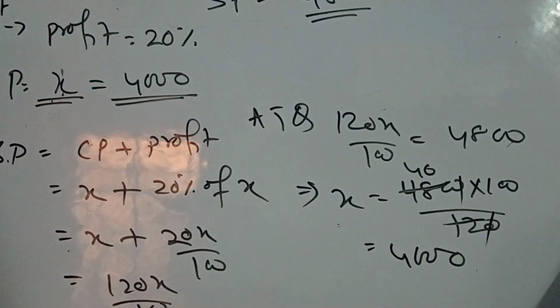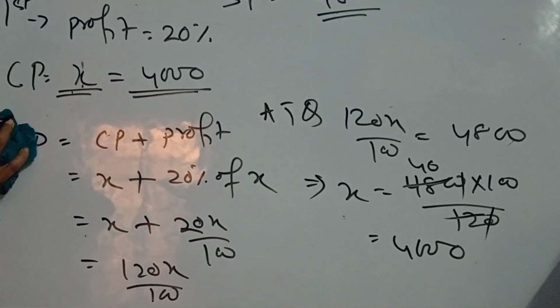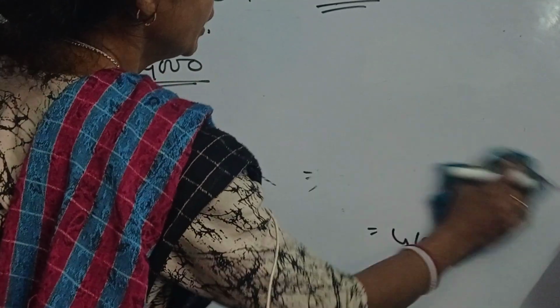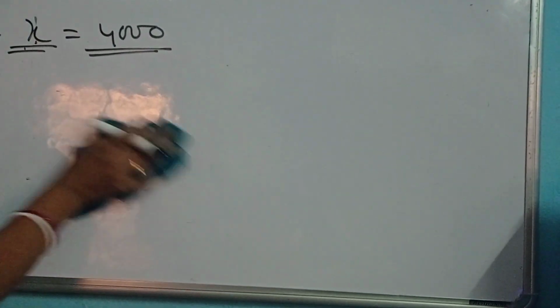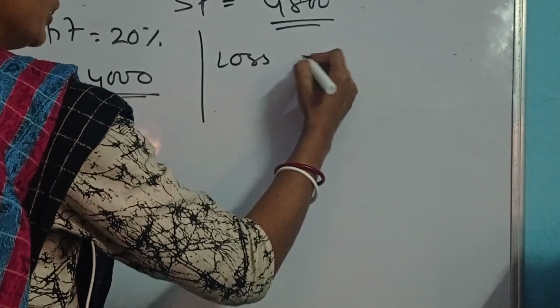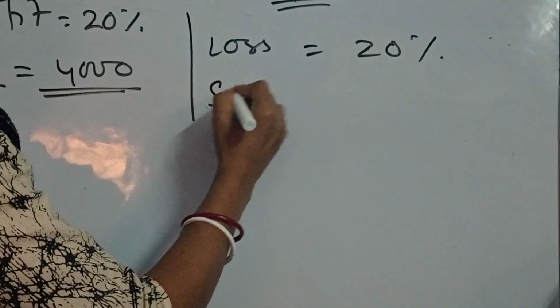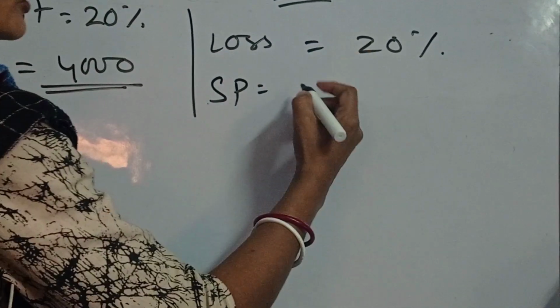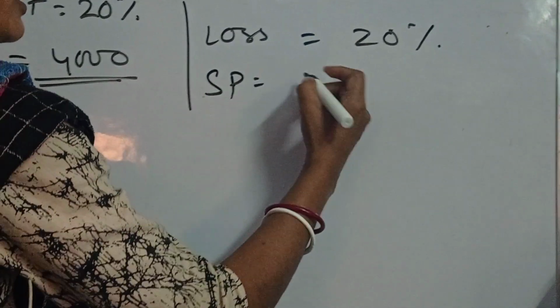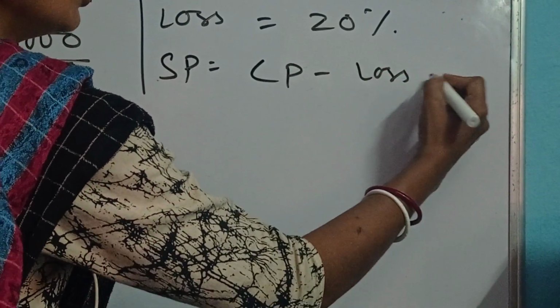In the second bit, you have asked about a loss of 20%. Okay, so I am rubbing this part. In the case of the second radio, the man made a loss; in the second case, loss is equal to 20%. So again we come to the same theory. If it is a loss, then SP will be CP minus the loss amount.